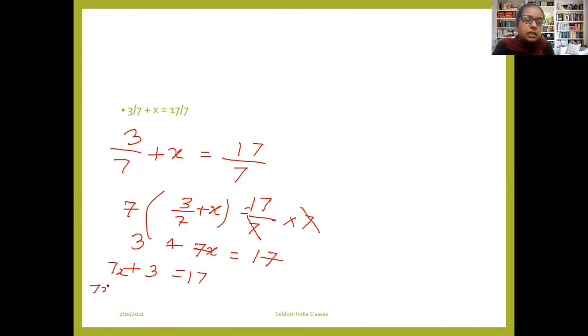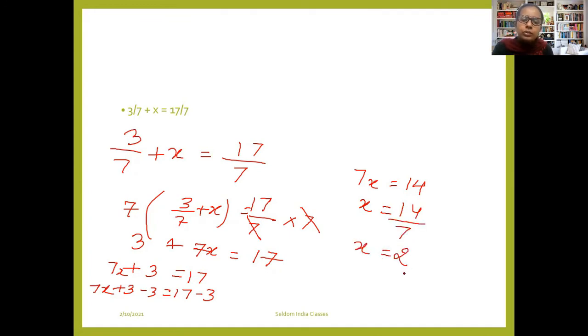Now subtracting 3 from both sides, 17 minus 3, so 7x equals 14 and x equals 14 by 7. So x equals 2. This is the solution of this problem.